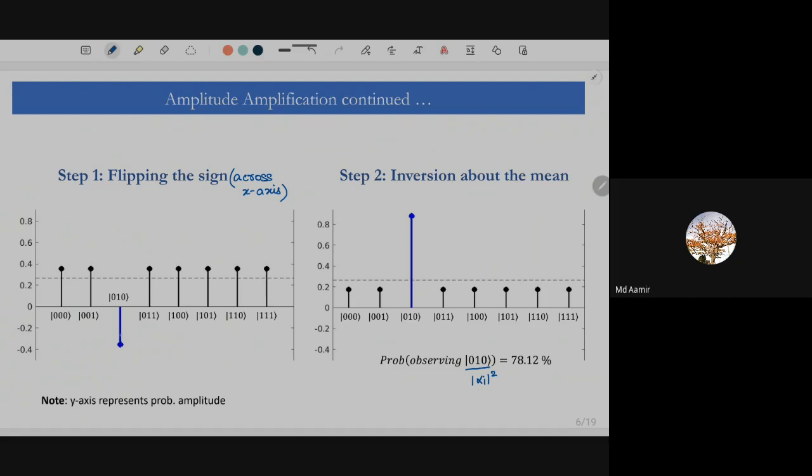Here it was around 0.36, so here it will be minus 0.36. We have just flipped the sign and have not done anything extra. Then we compute the mean of the amplitude. This is the mean of amplitudes.